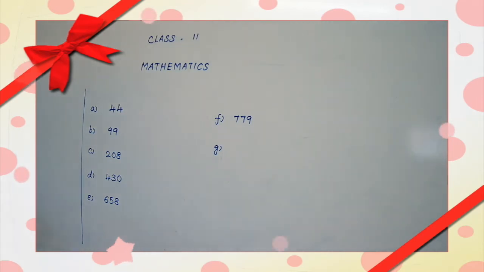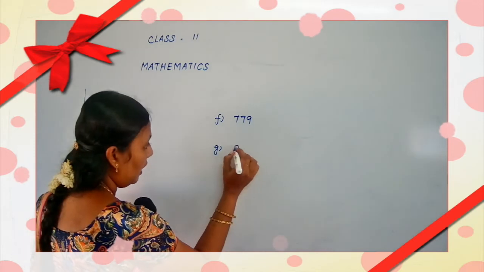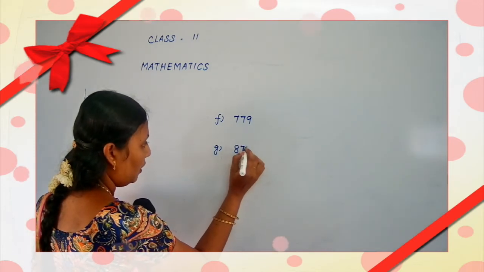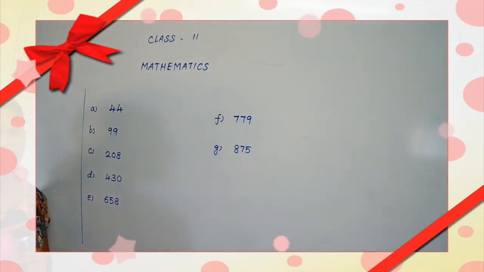What comes before 876? What will come? 875. Have you written, children? See the board and write with me.